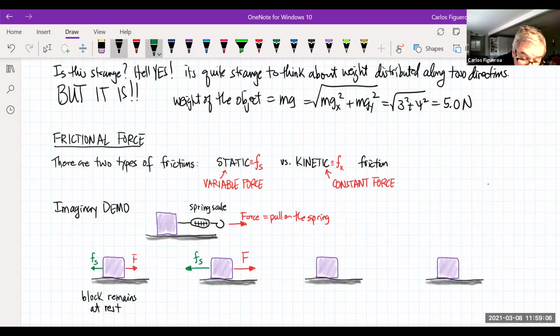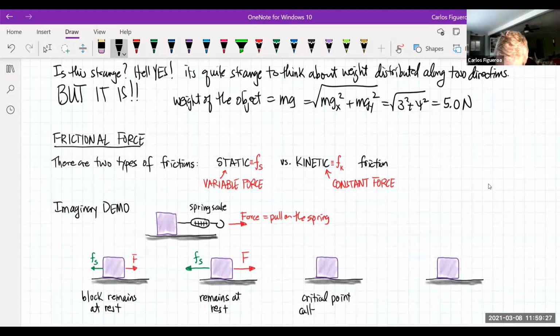Here it remains at rest. And then you're going to find that there's a critical point. Okay? You're at a critical point called the breakaway.